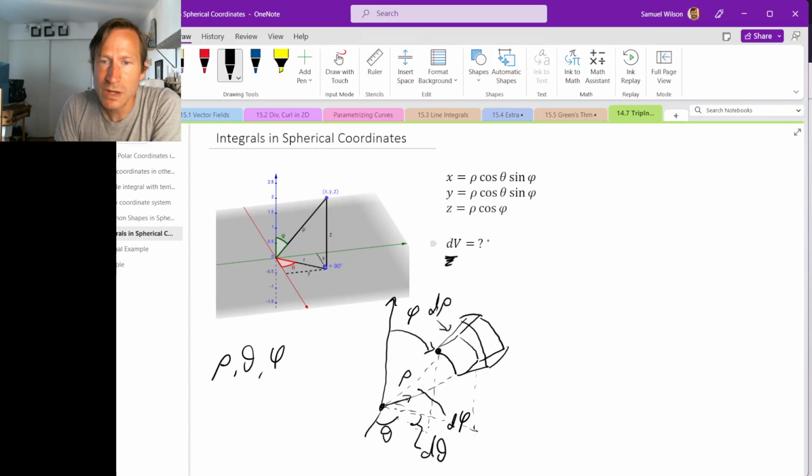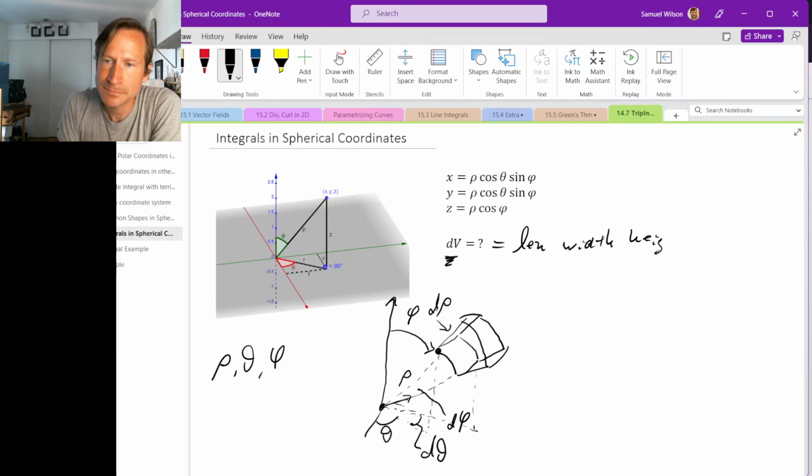So dV, it's a box. It's a slightly curvy box, but remember, these changes are all so small that, in the limit where these changes go to 0, the curves straighten out essentially. So the volume of this shape is going to be the length times the width times the height.